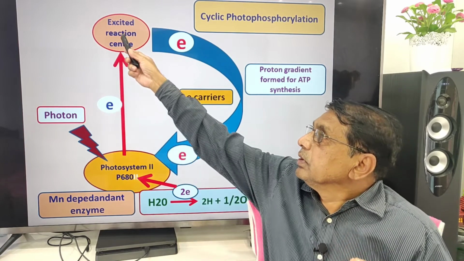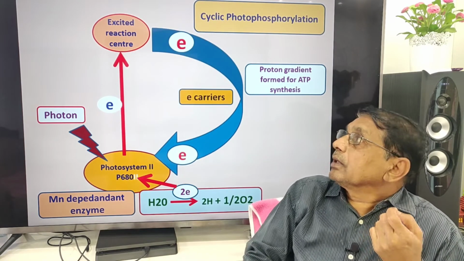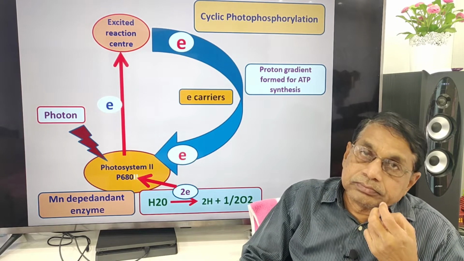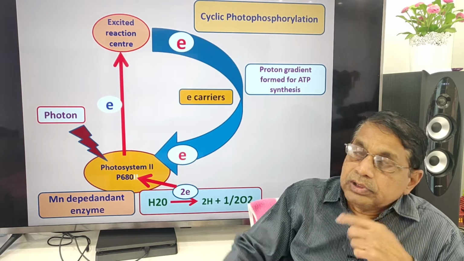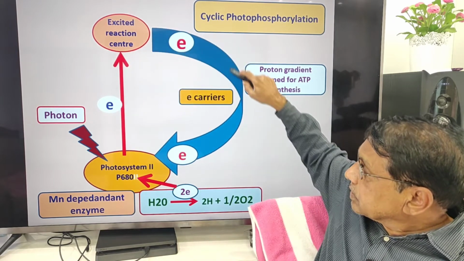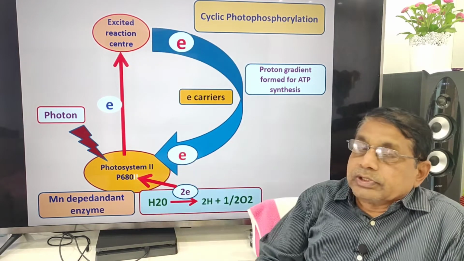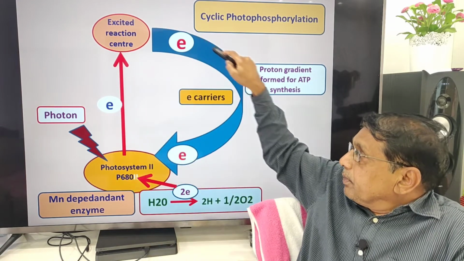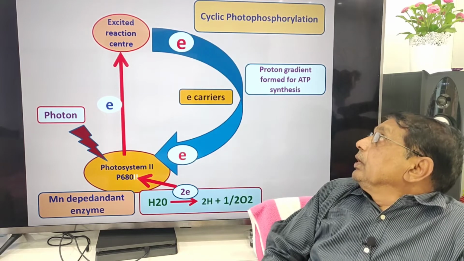These go to an electron acceptor, and ultimately the electrons come back to the same photosystem. This is called the cyclic pathway of electrons.